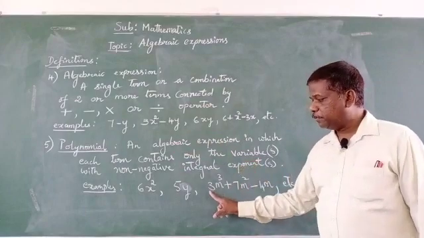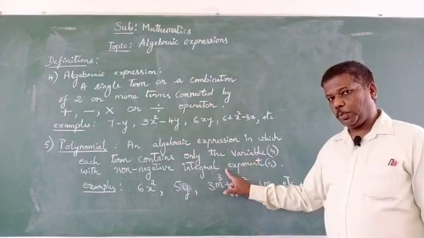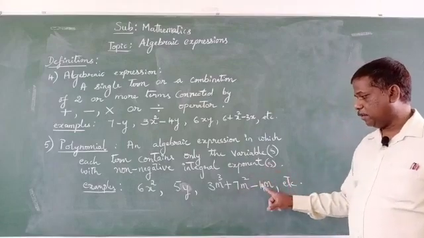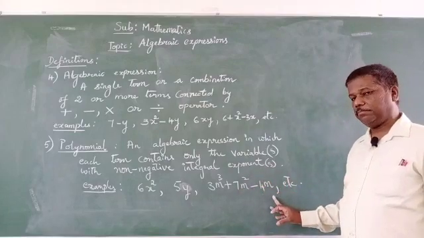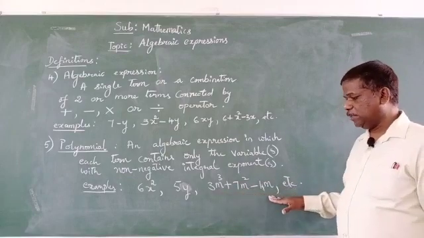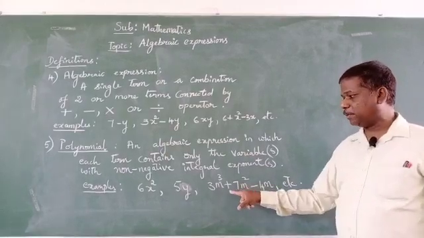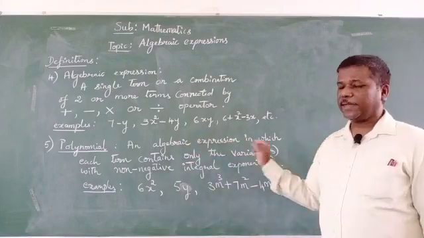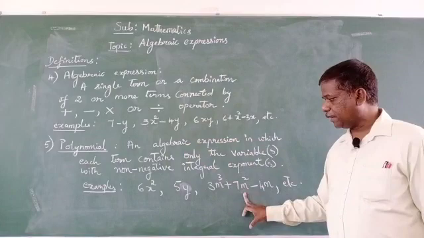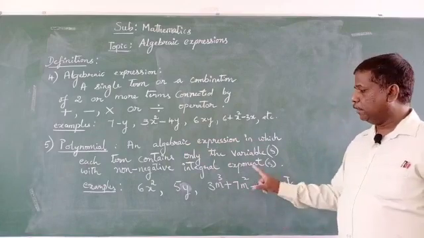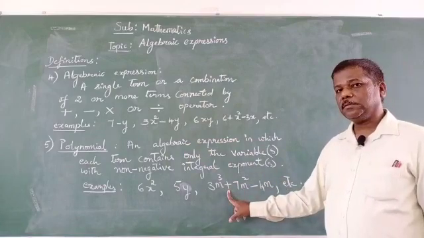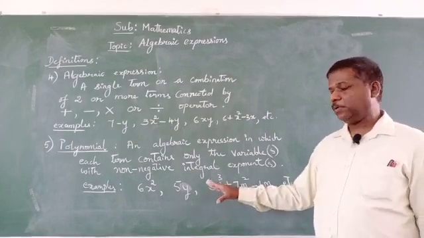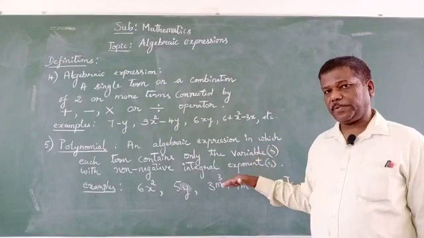See, 3m cube plus 7m square minus 4m. So in these three terms combined together, we can call this an algebraic expression. See, this is one term, this is the second term, this is the third term. All these three terms are joined together with positive, negative or multiply signs wherever required.